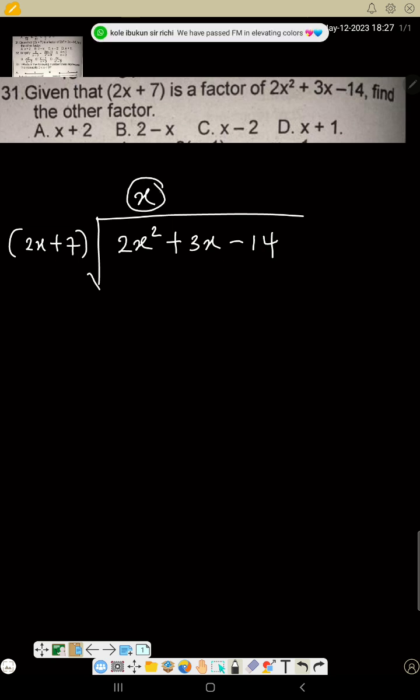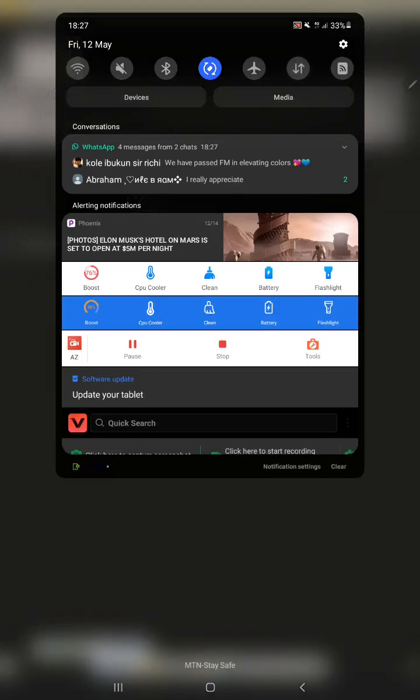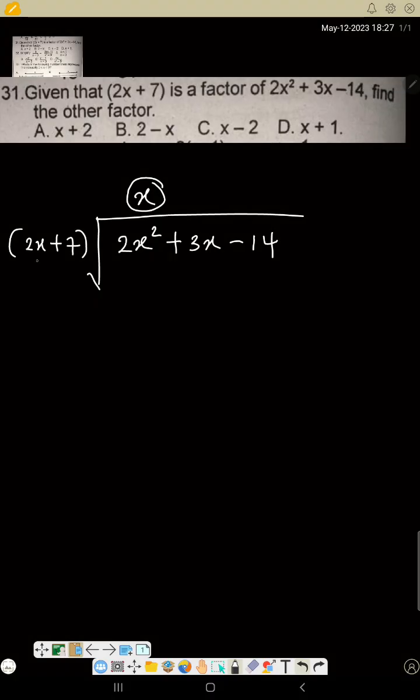So now this s will multiply these two results. So that will be s times 2s, that will be 2s squared. Again, s times 7, that is 7s, so that is plus 7s.